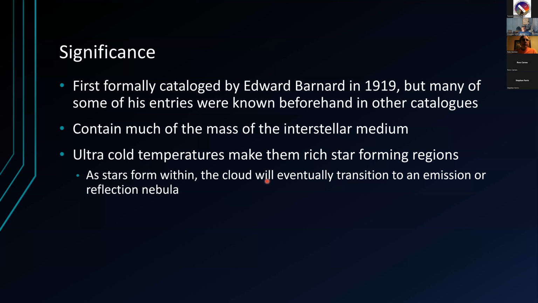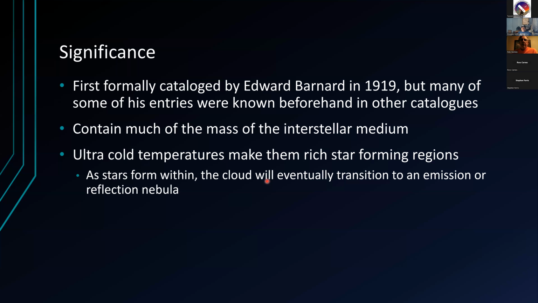As I also touched on a little bit earlier, these cold temperatures lend them well to star formation. So it's a constant theme here. Most of these nebulas are related to star formation and are essential for the evolution of galaxies and our own solar system.